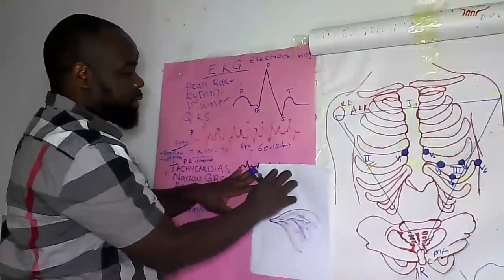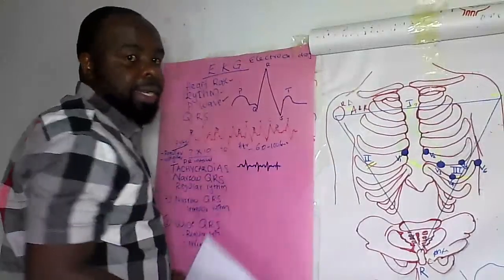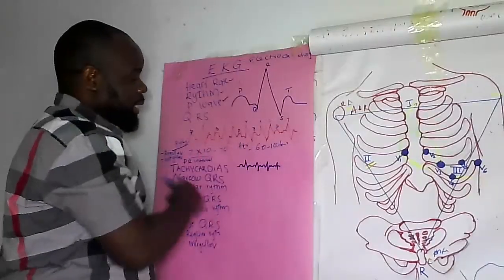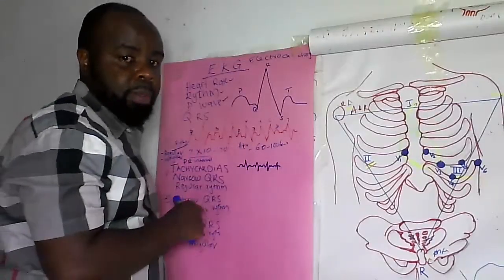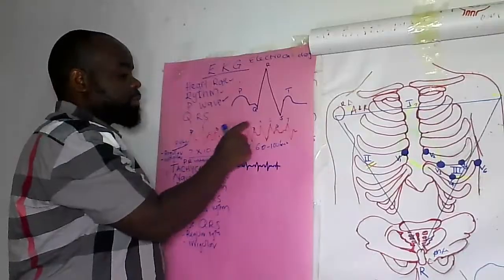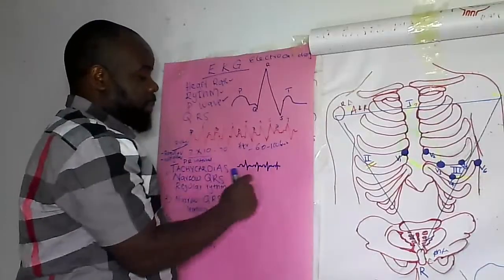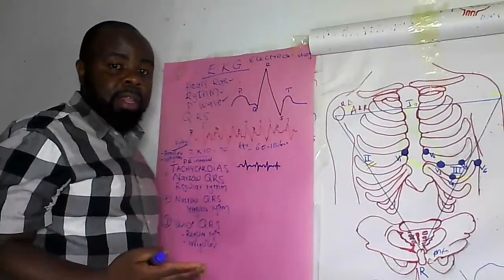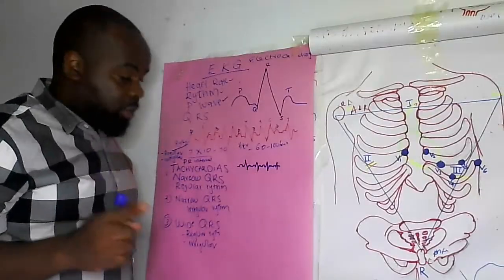You count on the 6 second strip. You count 1, 2, 3, 4 until where it is times 10. Then you get your rhythm.